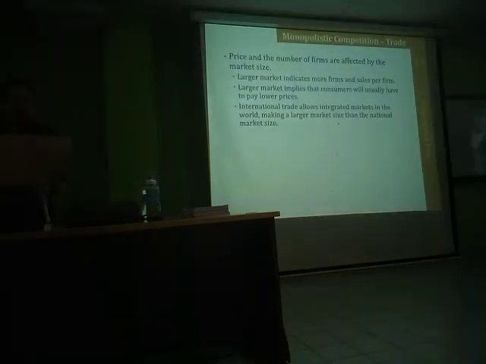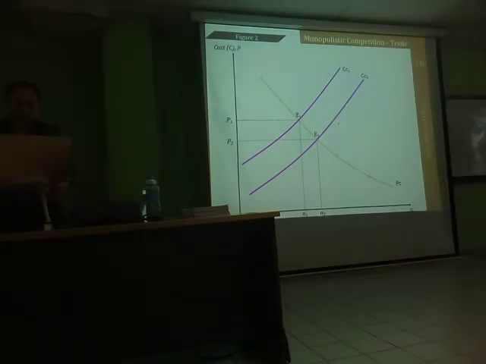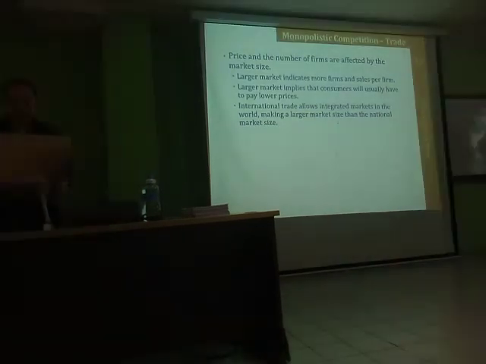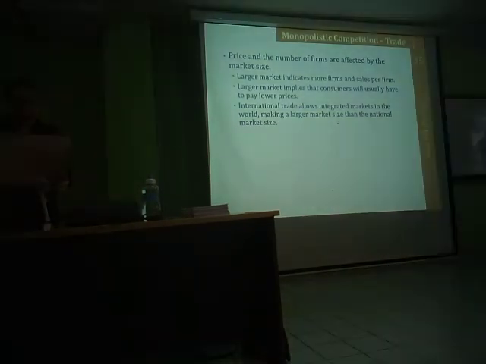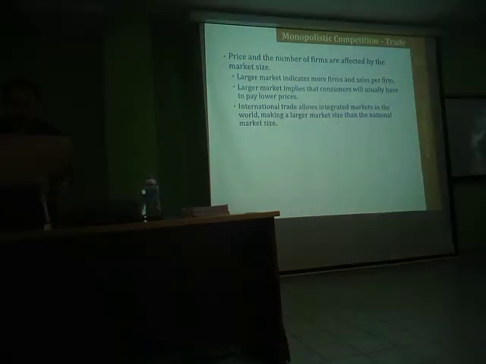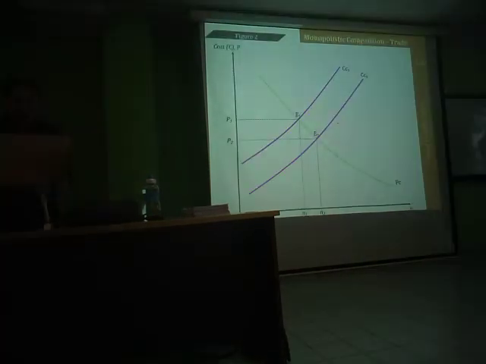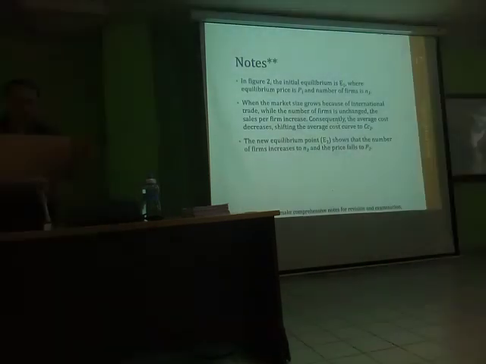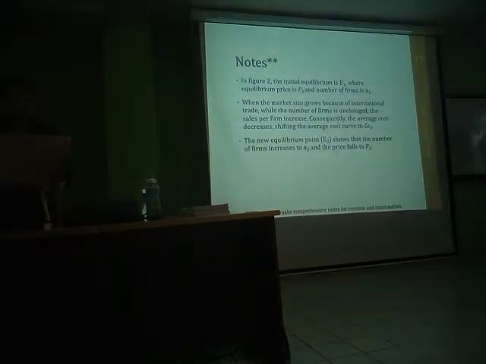We also want to ask a question here, like this. International trade allows integrated markets in the world, making a larger market size than the national market size. From here, we are trying to understand what will happen when the average cost curve shifts to the right side.